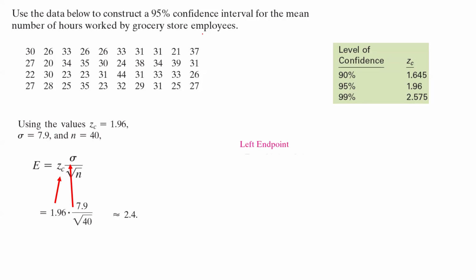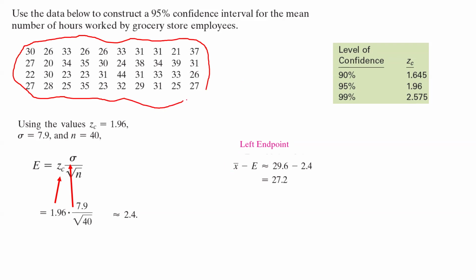Now, the left endpoint is x bar minus e. X bar, the value that we calculated at the beginning, is the average of this data set. The average of this data set is 29.6 hours. So 29.6 hours minus the margin of error, which is 2.4 hours, gives us 27.2.